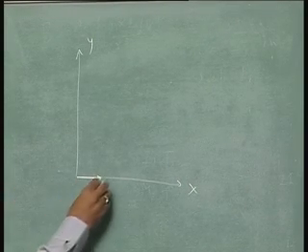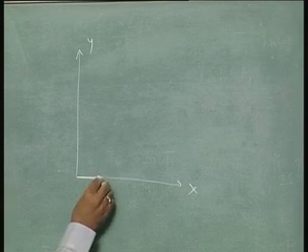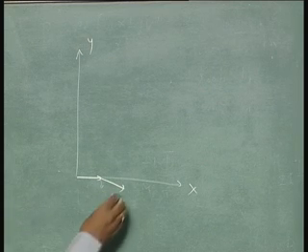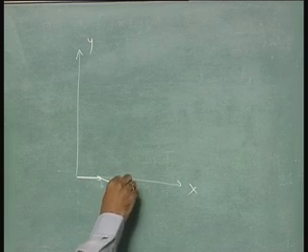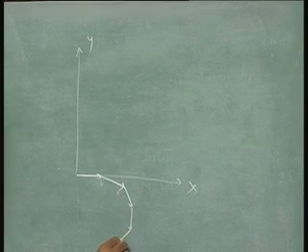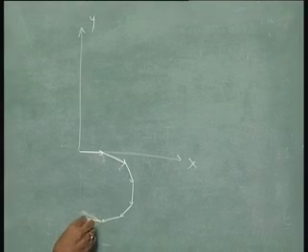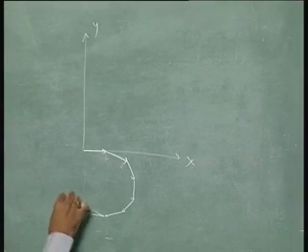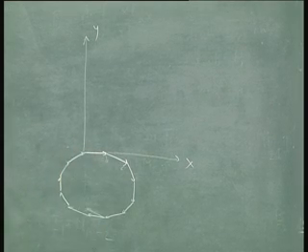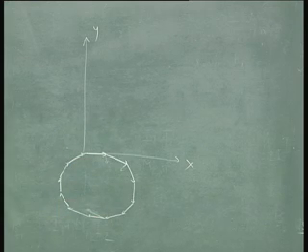So, V cross B, so the force is downwards. The velocity bends. Now, the force is this way. Velocity bends some more. It goes right round and round in a circle.